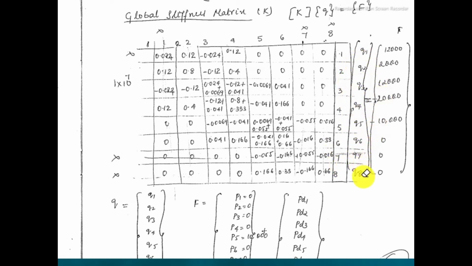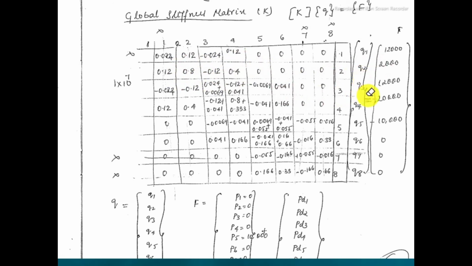Only Q7 and Q8 will be 0, because at the last it is a fixed end, so they will be taken as 0, 0. You substitute 0, 0, and for the last two rows and two columns you have to do elimination. Whatever remains, 0.8, 0.12 and 0.4, will be in the remaining box.